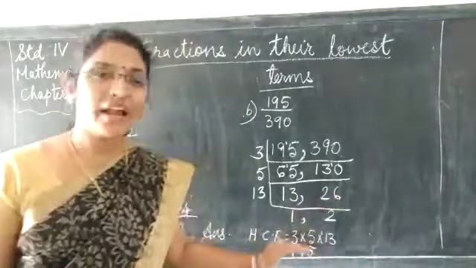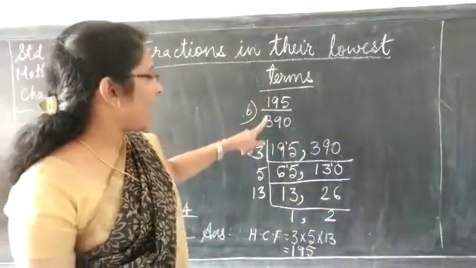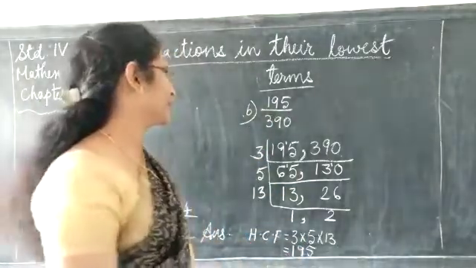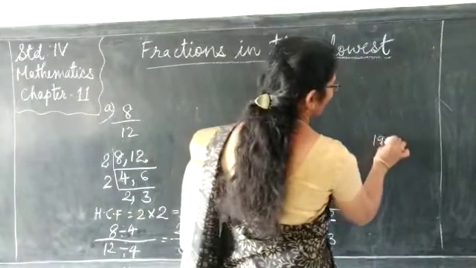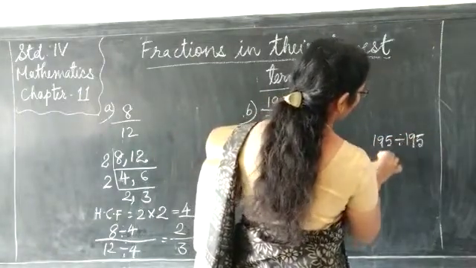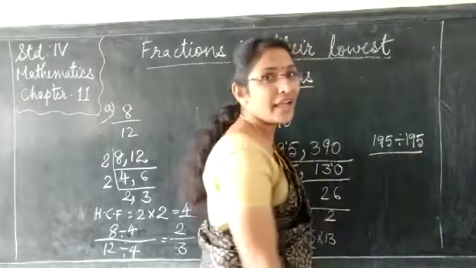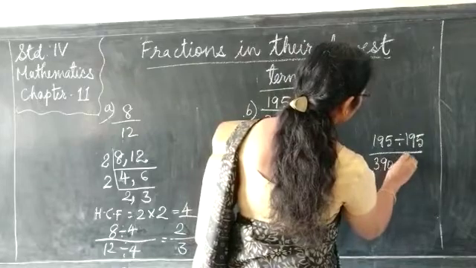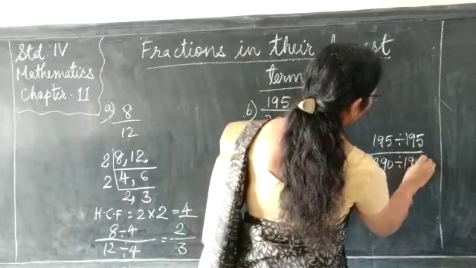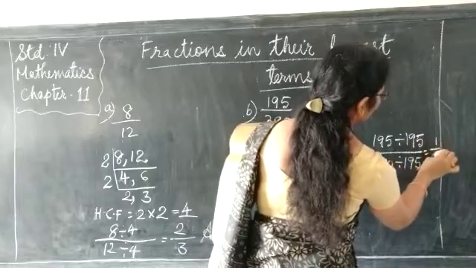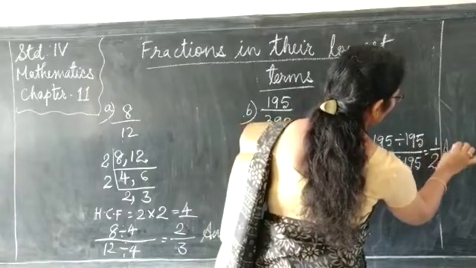We have to divide the numerator and denominator by the HCF. 195 divided by the HCF is 195, and 390 divided by 195. We will get the answer 1/2.